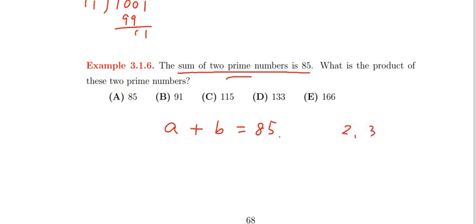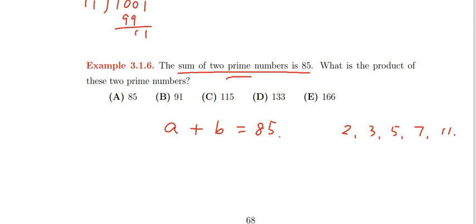We know the prime numbers: 2, 3, 5, 7, 11. All prime numbers are odd, except 2. 2 is an even number, right?